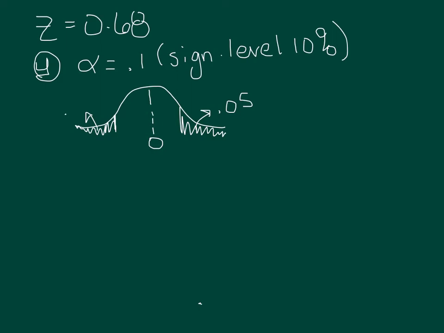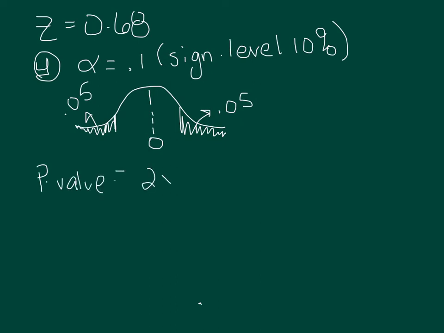Okay, so now we need to figure out how we're going to calculate our p-value. We had 0.05 on that side and 0.05 on this side because we have to split the difference. As a not equals, we don't know if it's less than or greater than, so we test it on both sides. So the p-value here is calculated a little differently.